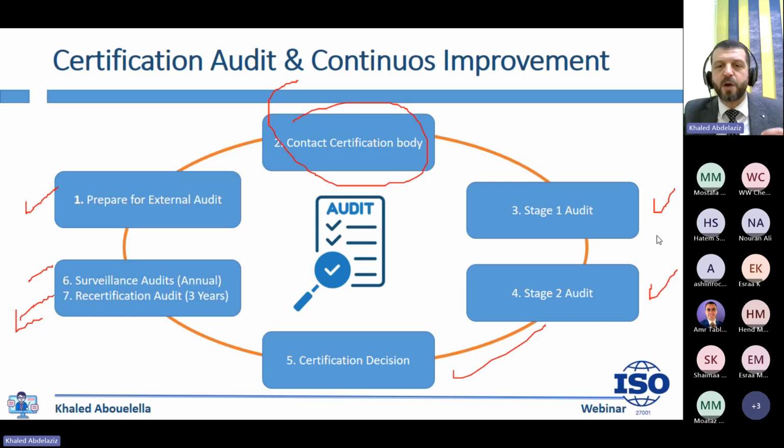It just ensures continual compliance and continual improvement in your information security management system. Then after 3 years, you have a recertification audit, with full re-evaluation of the information security management system for renewal of the certification. This is the life cycle for certifications.